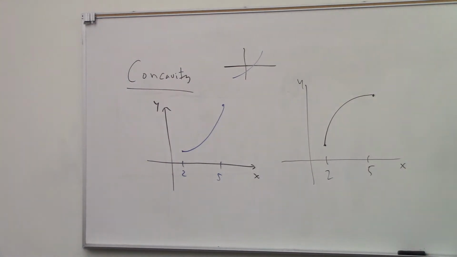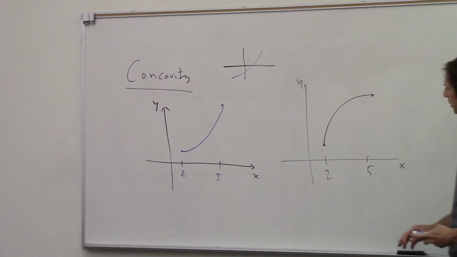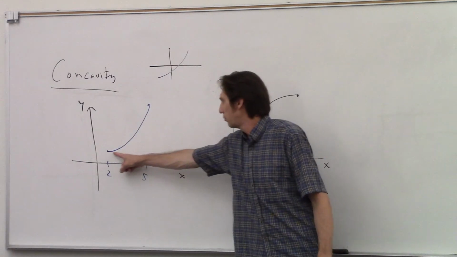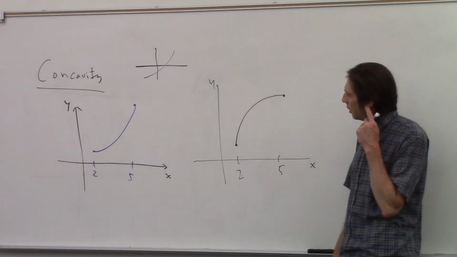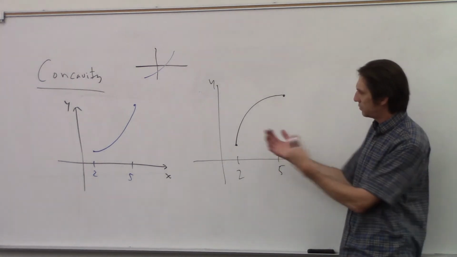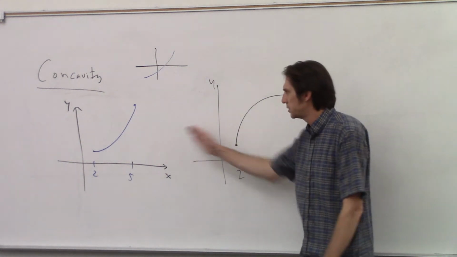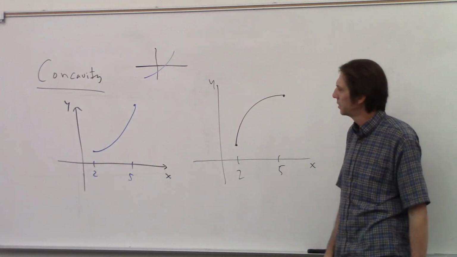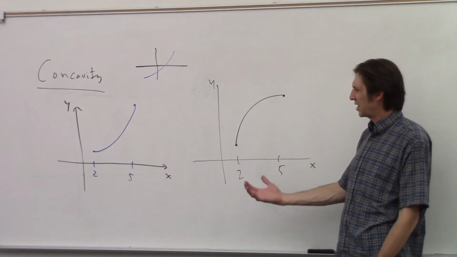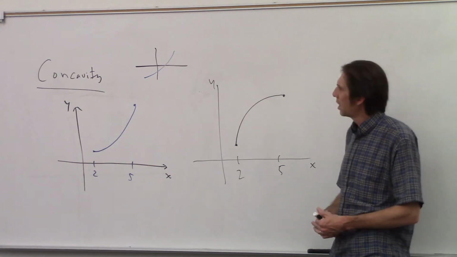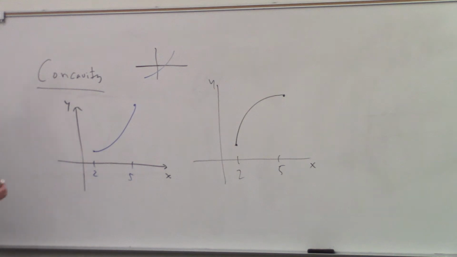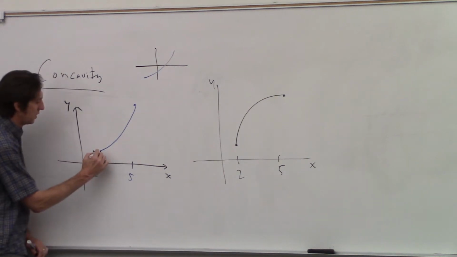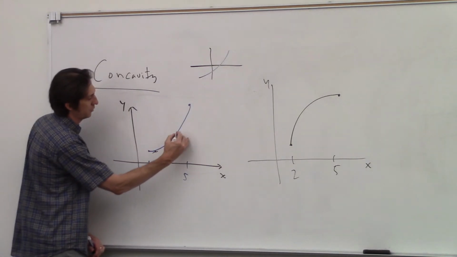So very clearly, these are different functions, right? But they're both increasing on the interval from 2 to 5. So what differentiates between these two images? Well, we might say that they're kind of curved in the opposite way, and they are. If we think about it a little bit more carefully, we might think about the slopes of the tangent lines.